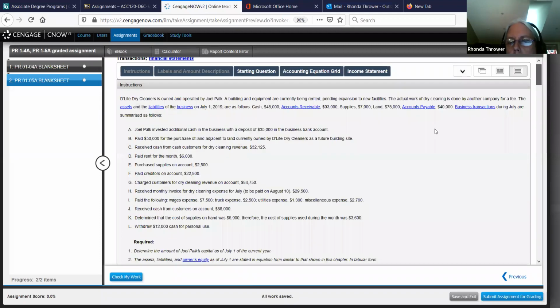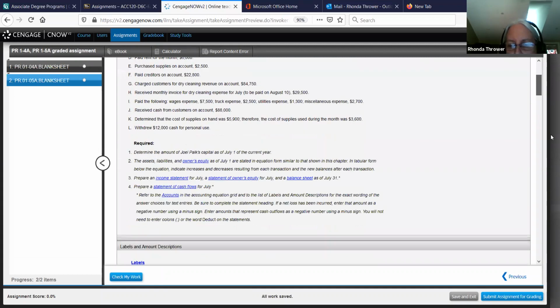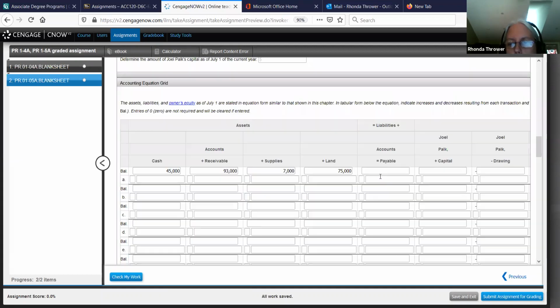We also have brought forward accounts payable at $40,000. So I'm simply just recording the beginning amounts for these accounts that they gave us. Well, if you looked at this and you added up all your asset accounts, the total of the assets does not equal the liabilities plus the owner's equity.